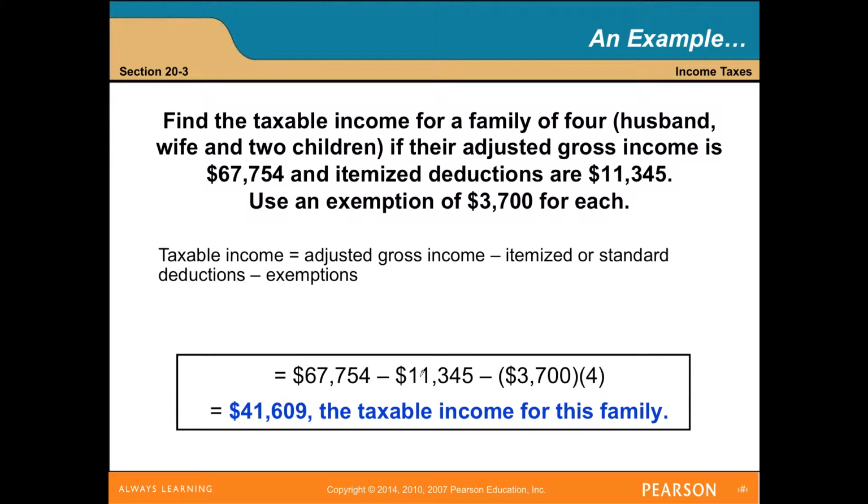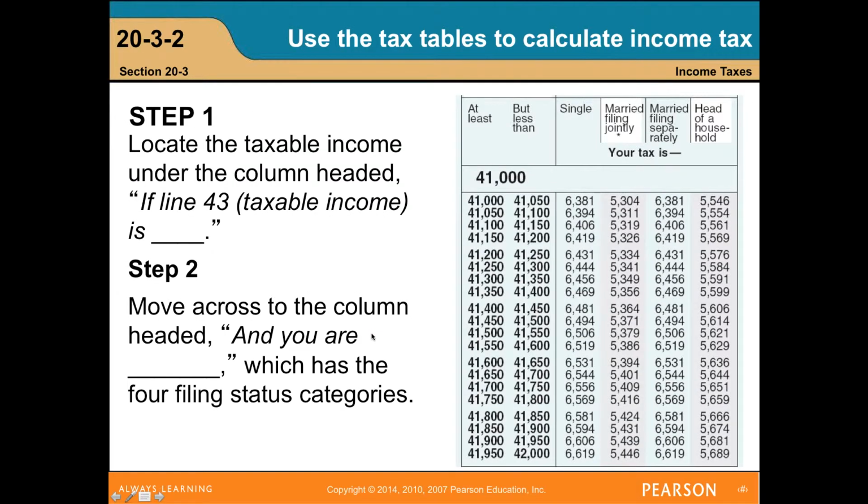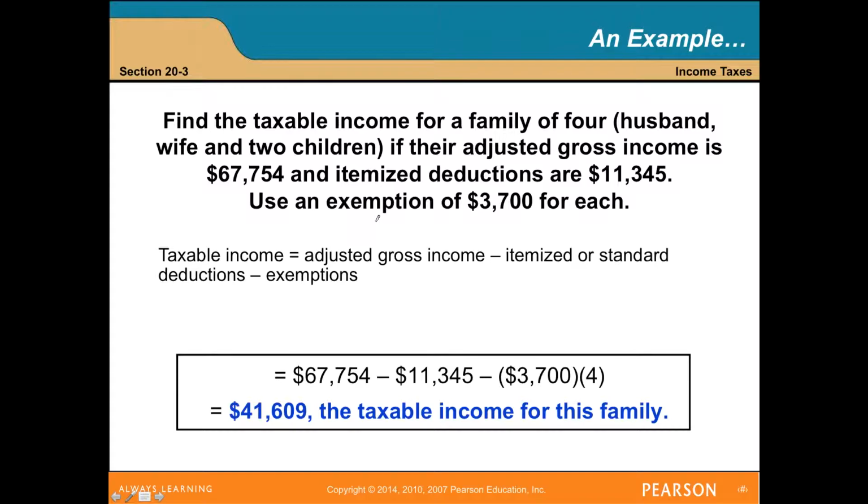So we have 67,754 given, minus 11,345 given, minus 3,700 times 4. So the taxable income for this family is $41,609.